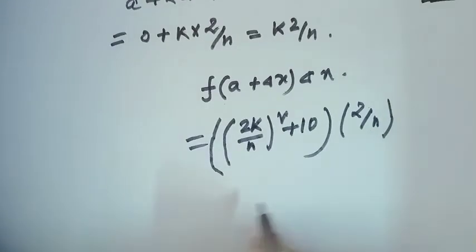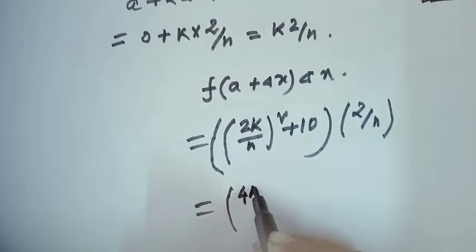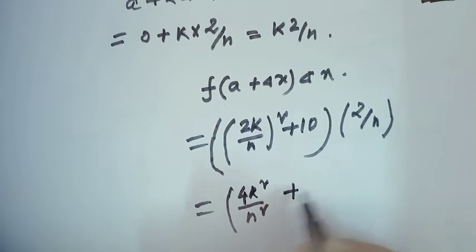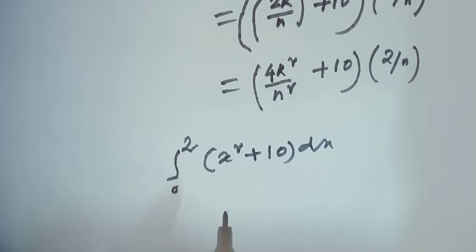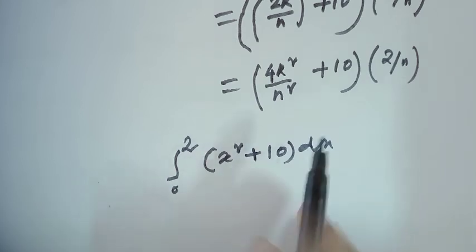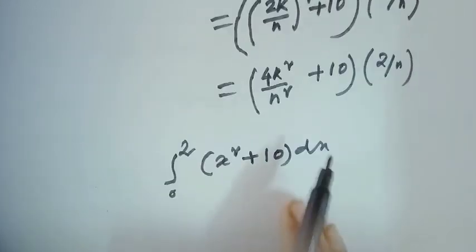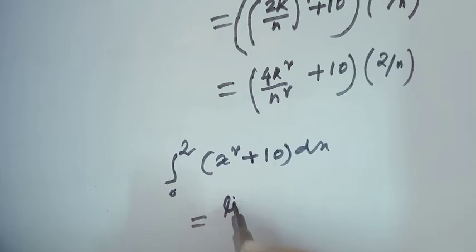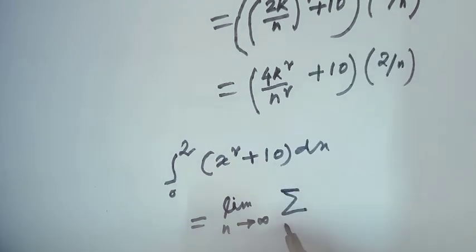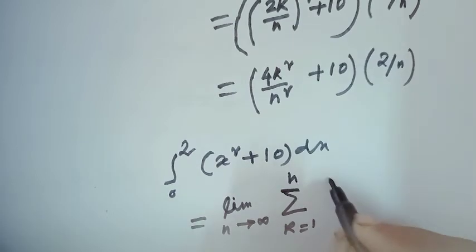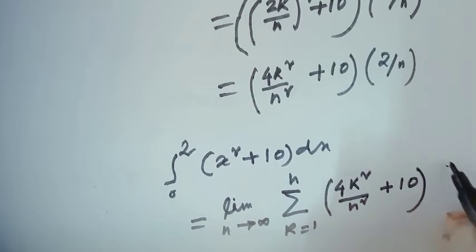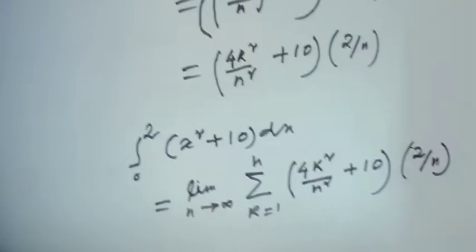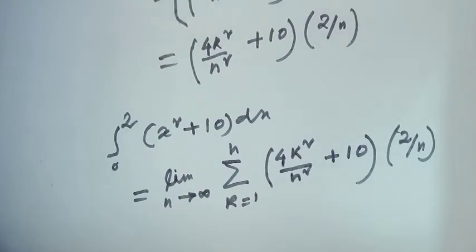And this is equal to 4k square over n square plus 10, times 2 over n. So this integral would be limit n tends to infinity of the summation k equal to 1 to n of 4k square over n square plus 10 times 2 over n. Are you getting the main idea?